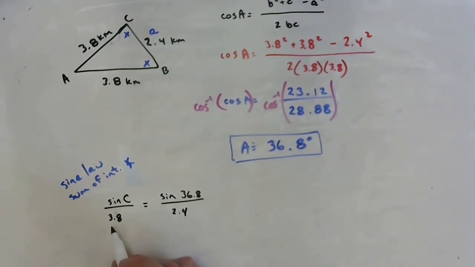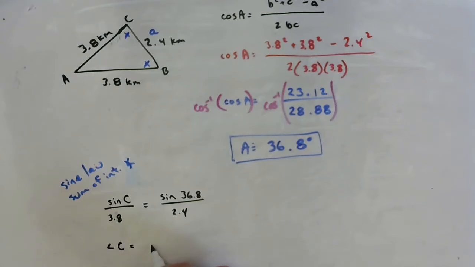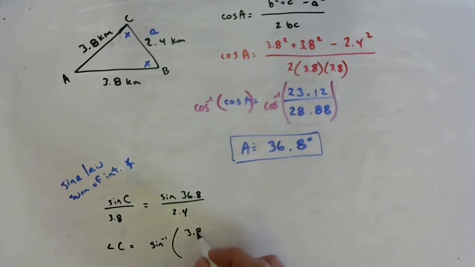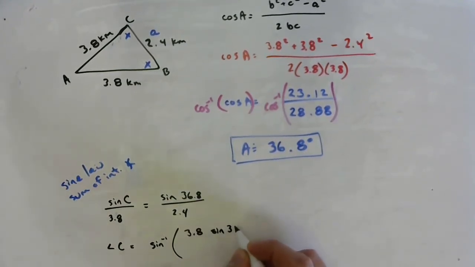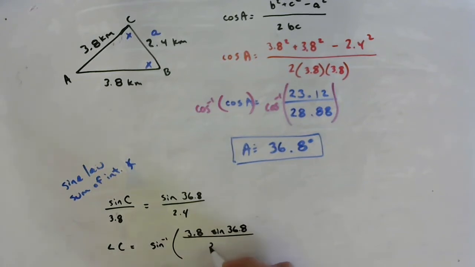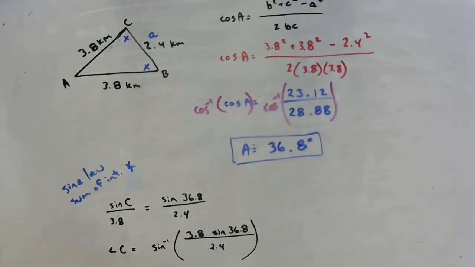Multiply both sides by 3.8 and take the inverse sine of both sides. I'm going to end up with angle C equal to the inverse sine of 3.8 times the sine of 36.8 over 2.4.